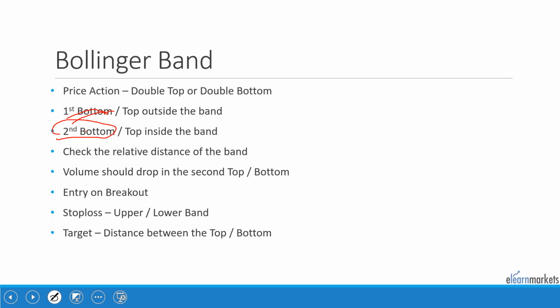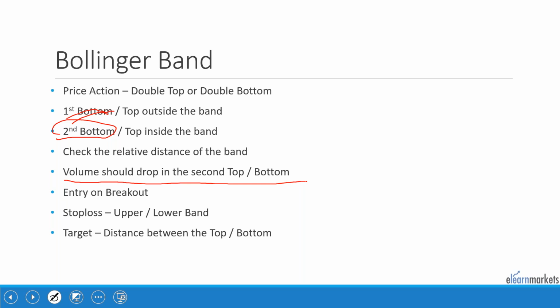You will check the relative distance between the price and the band, the difference between the price and the band. Volume again has to be studied. So volume should be lesser in the second bottom.